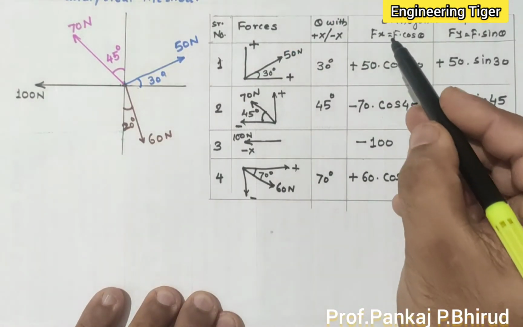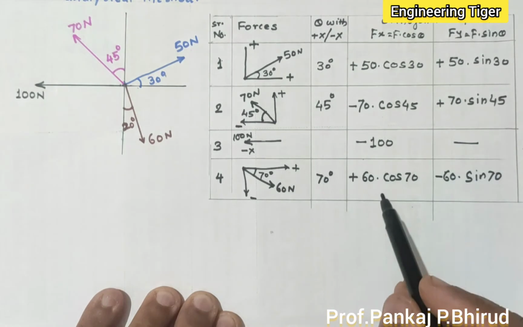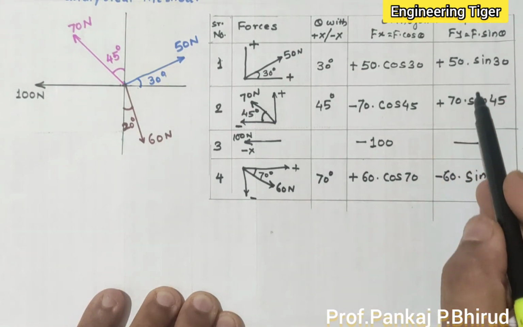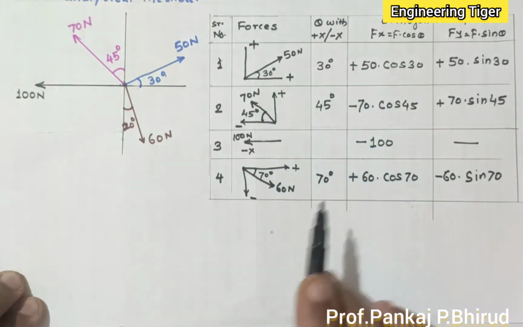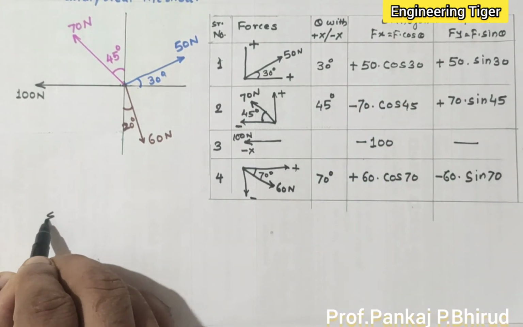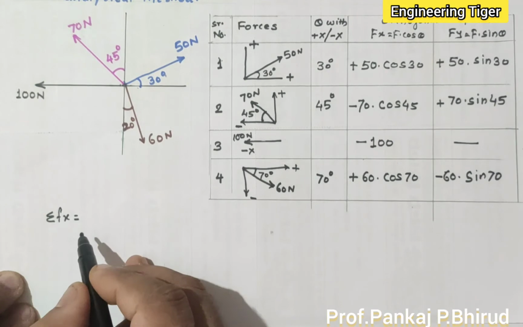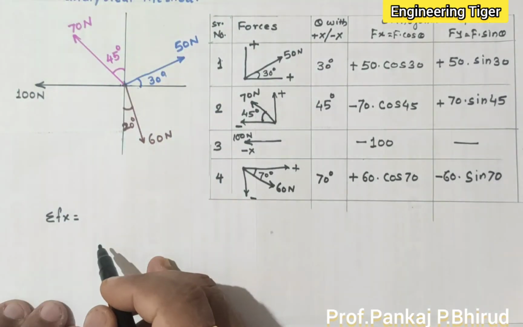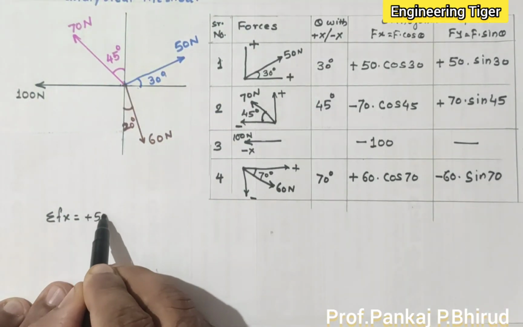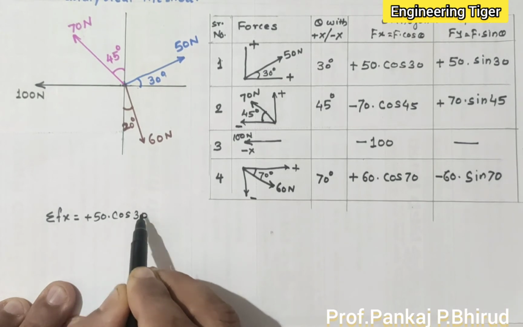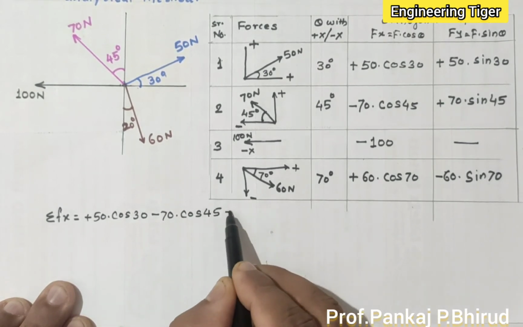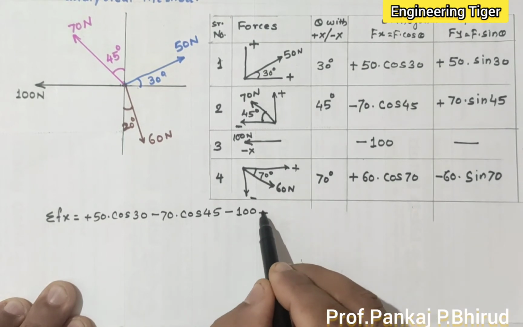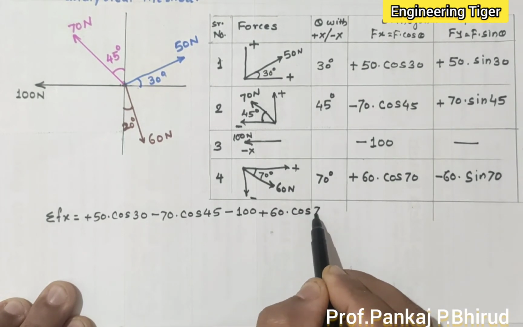So take the summation of the horizontal components Fx and then the summation of the vertical components Fy. Let us take sigma Fx first. So sigma Fx equals, mention as it is, plus 50 cos 30 minus 70 cos 45 minus 100 plus 60 cos 70.